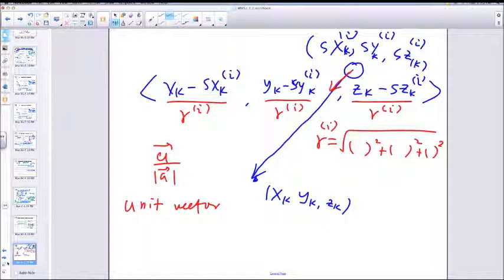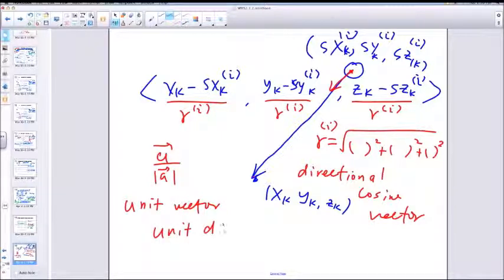This is a unity vector pointing from the satellite towards the user. We call it the direction cosine vector, or say unity direction vector.